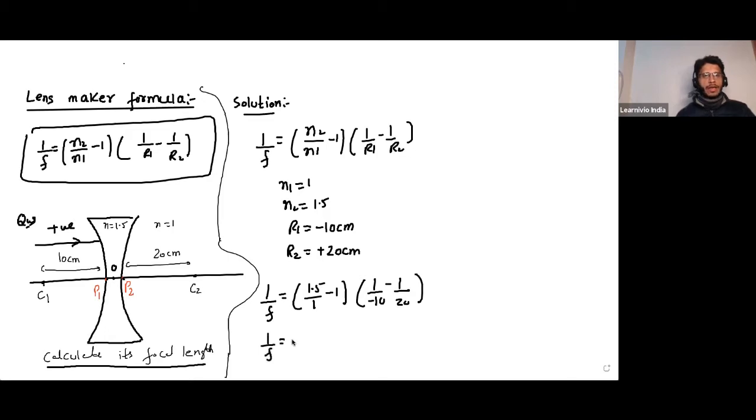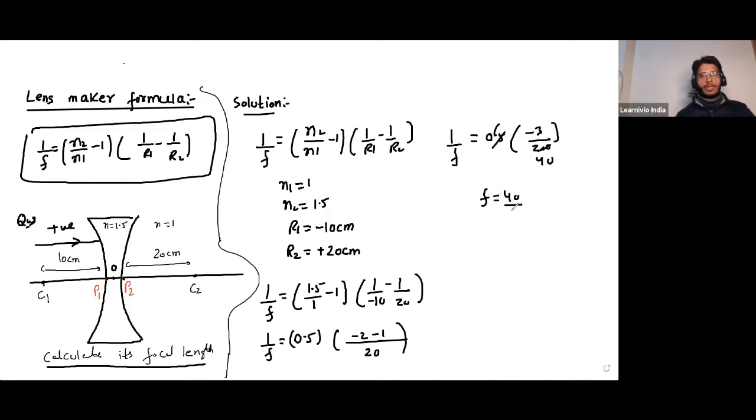So 1 by f is 0.5, LCM is 20, it's minus 2 minus 1, so 1 by f is 0.5 times minus 3 by 20. So this is 200 now, 40. So your focal length is 40 by 3 centimeter.